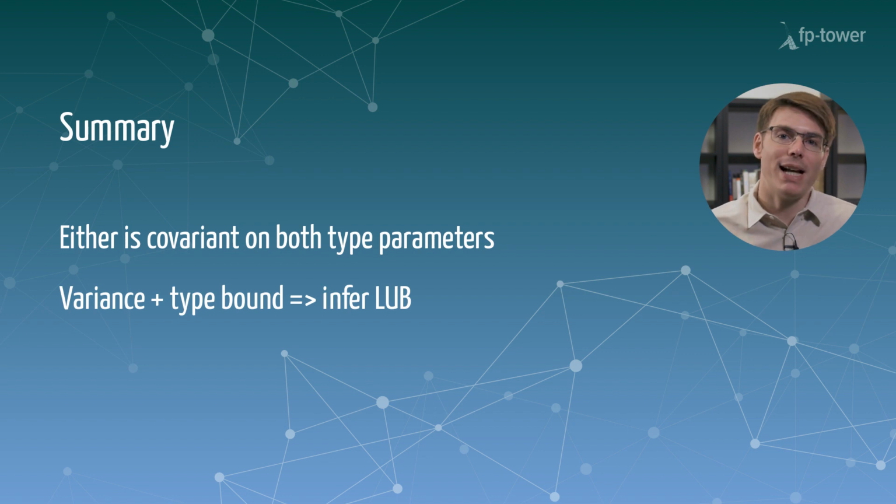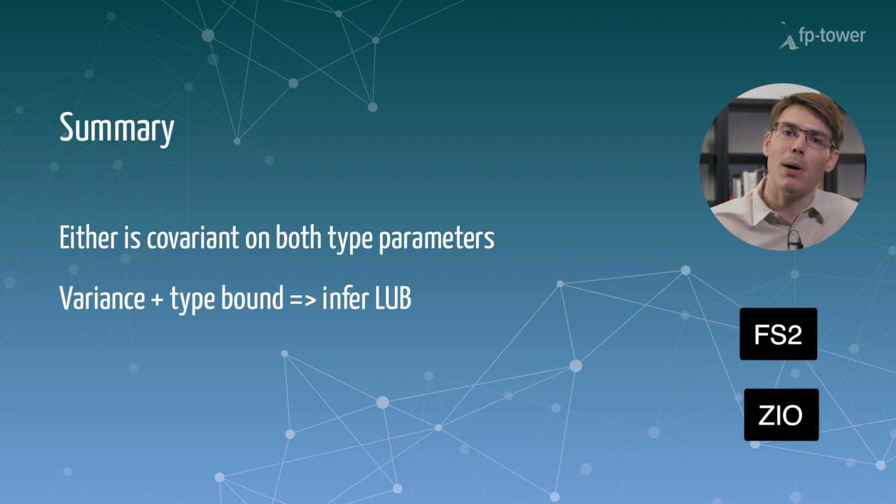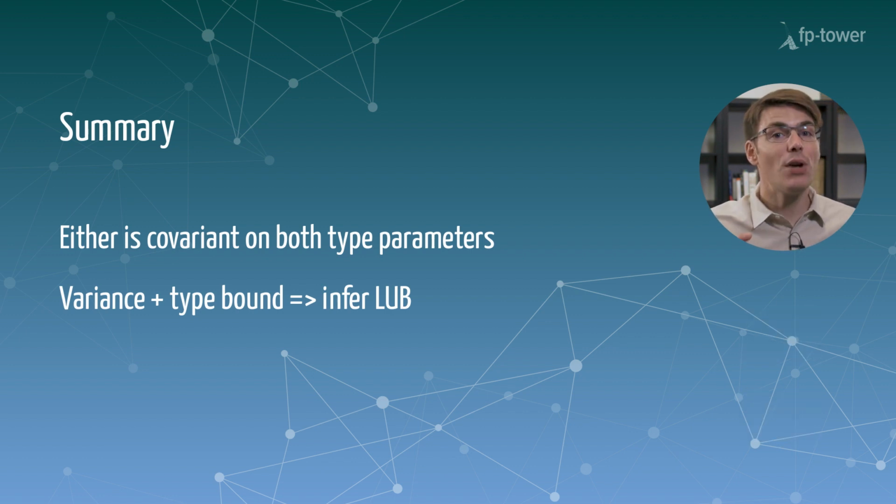Variance is a complex subject, but it is the key to fantastic type inference in Scala. And this technique is very common in the standard library, as well as in third-party libraries such as FS2 or ZIO. If you have time and motivation, I strongly encourage you to review the exercises from previous chapters and try to add variance annotation where possible.